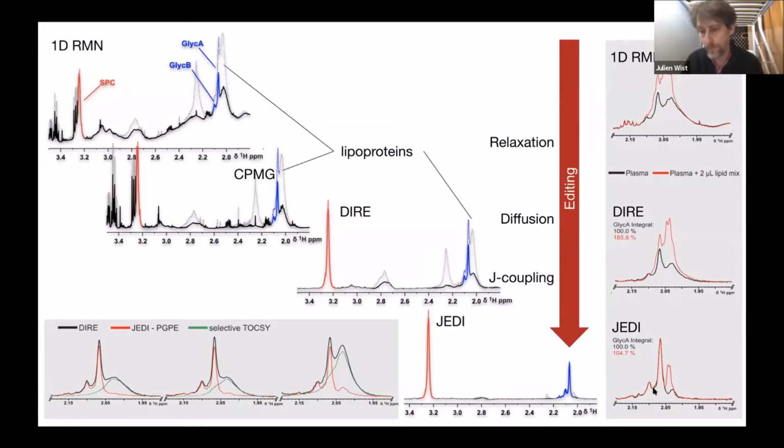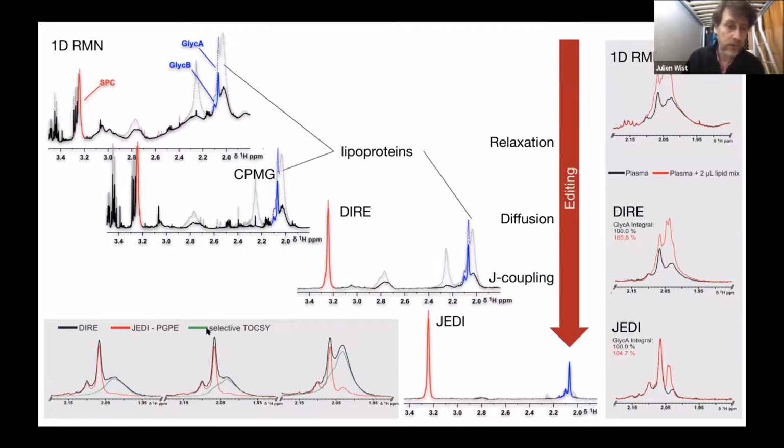We may have a clear shot on the glyc-A and the glyc-B, and one solution would have been to use a fancy deconvolution algorithm to try to estimate the contribution from those lipoproteins, which is pretty much always present, but with a different contribution.